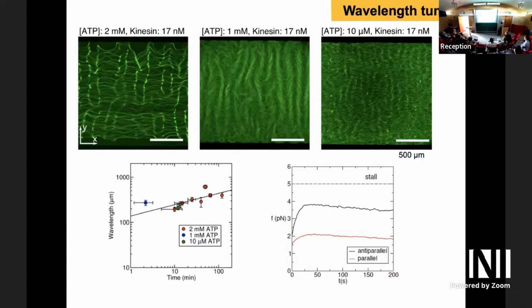We found that their value is close to the stall force of the kinesin. One speculation could be that the reason we don't observe a big change when you change the ATP is because of the stall regime in which the motors are working. But again, this is at the level of speculation.